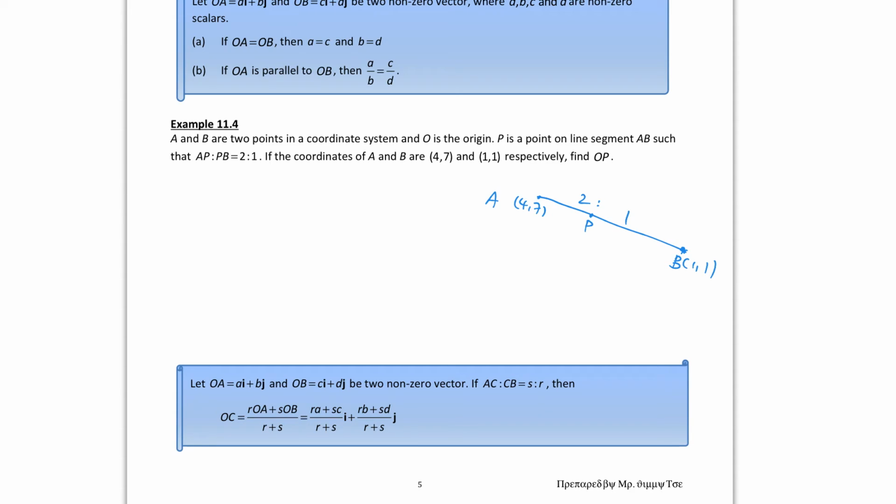We have already discussed how we can find the coordinate of point P by letting, maybe, the coordinate of point P be unknown.